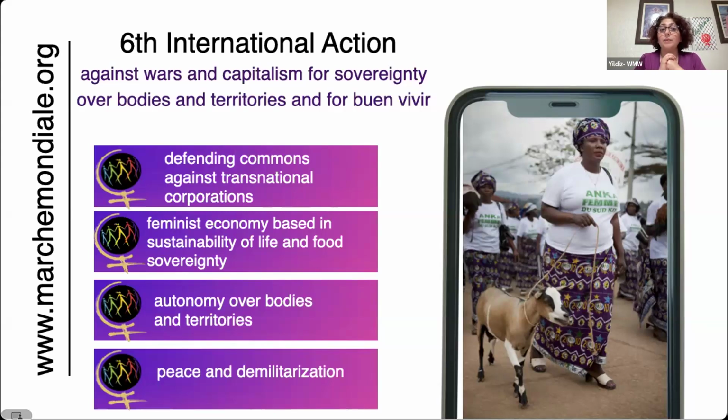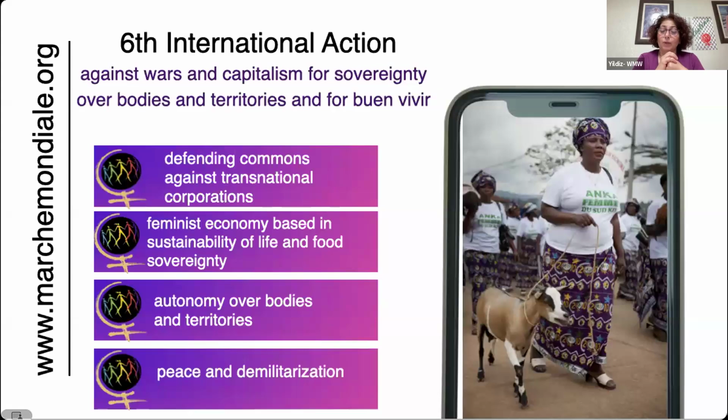Especially feminist economy is welcomed everywhere all over the world, even in the most difficult areas of organizing, like Central Asia and Eastern Europe, and they all welcome the idea of proposing feminist economy as an alternative.